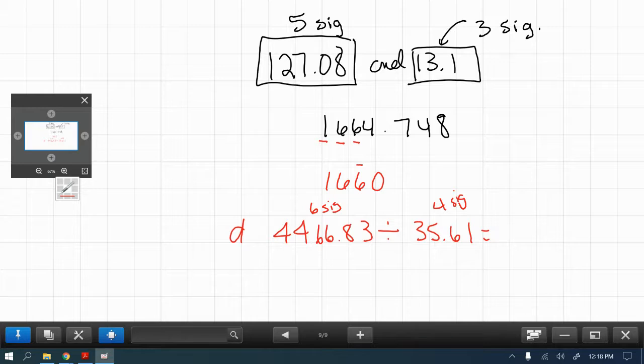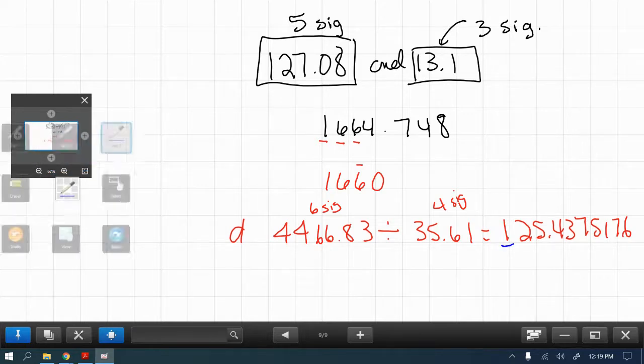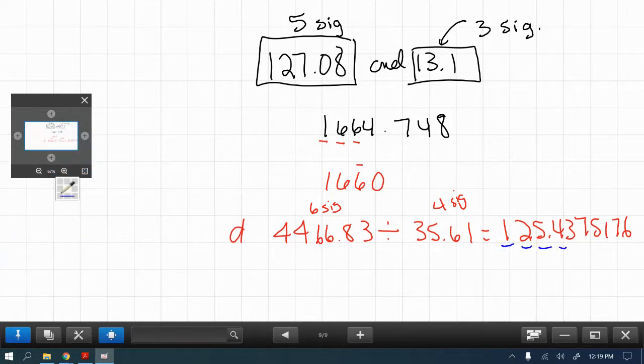So I'm just going to divide 4466.83 by 35.16. I got 125.4. And I need 4 significant figures. So I'm going to do 1, 2, 3, 4. I think most got this one.